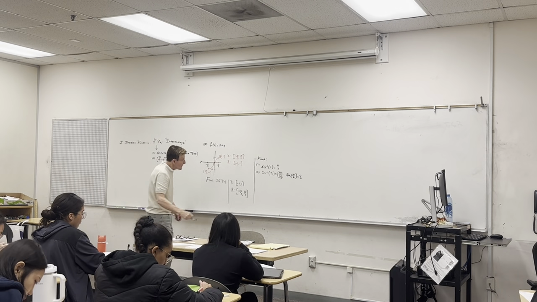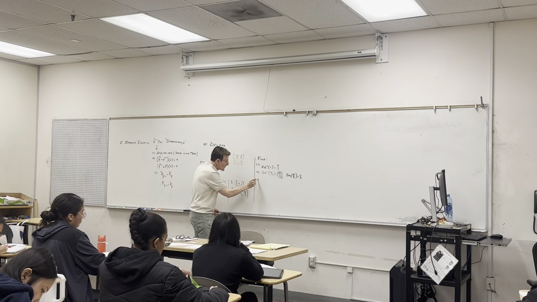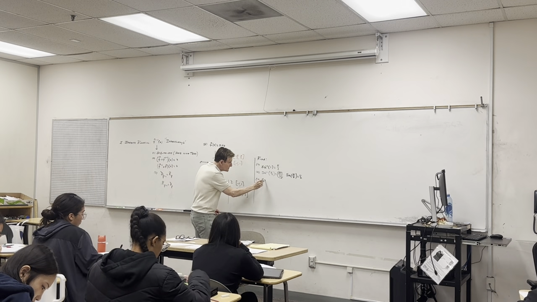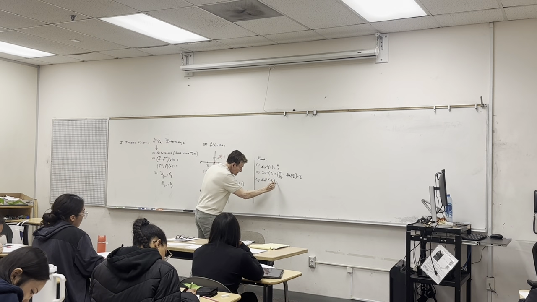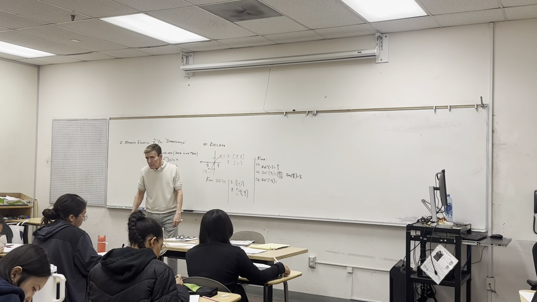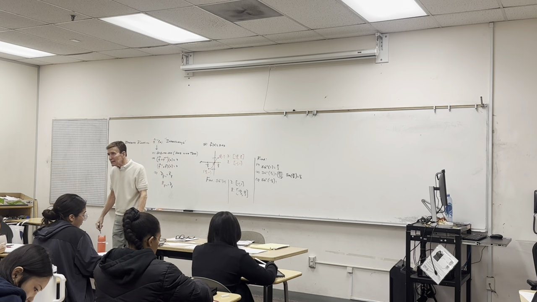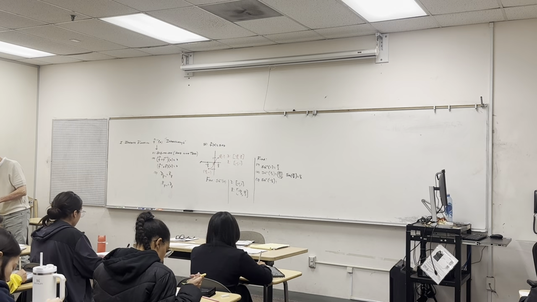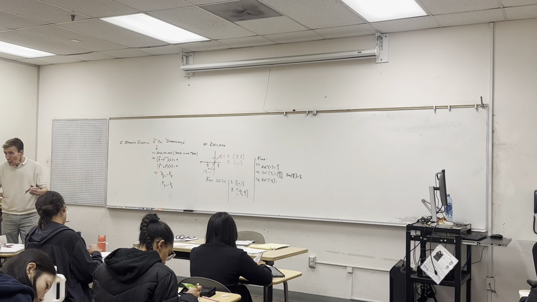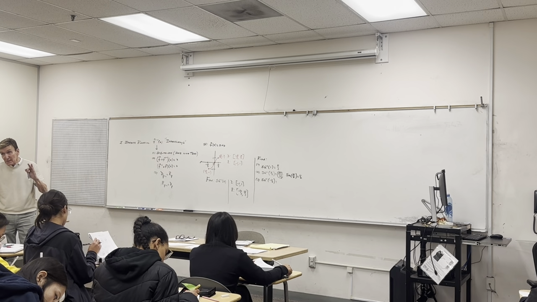Next one. Number 3. Inverse sine of negative 1/2. Someone tell me, on the unit circle, where have you seen the y coordinate equal to negative 1/2? Fourth quadrant for sure. Do you remember the size of the angle?